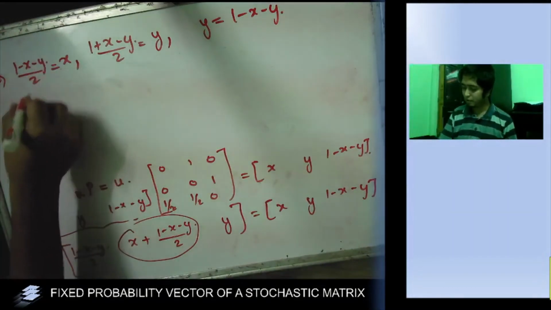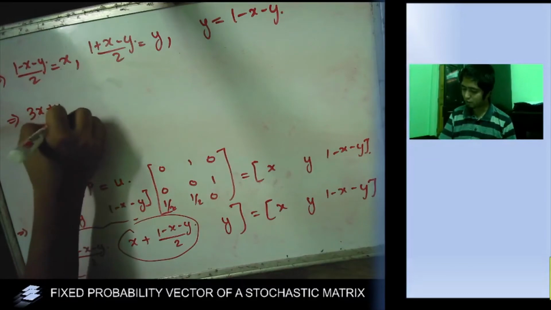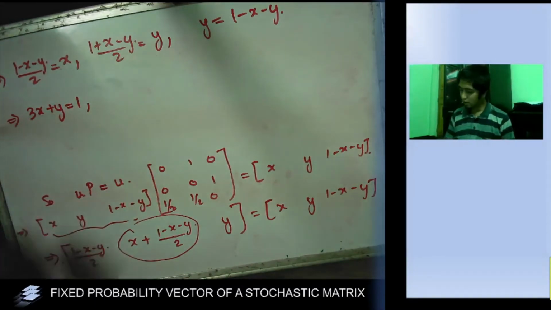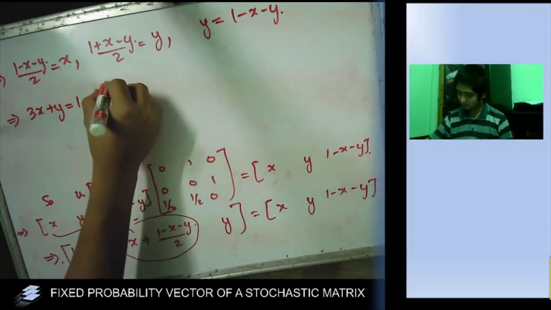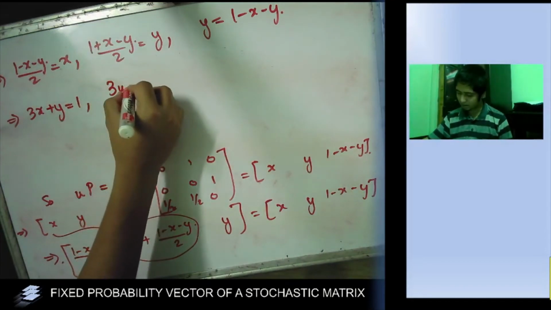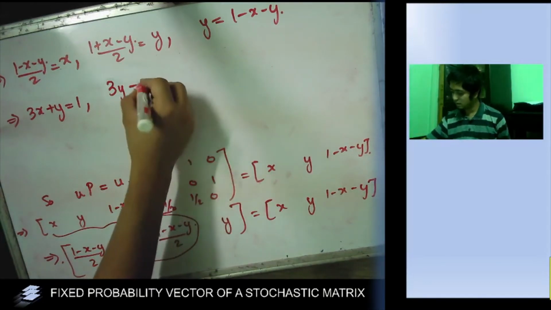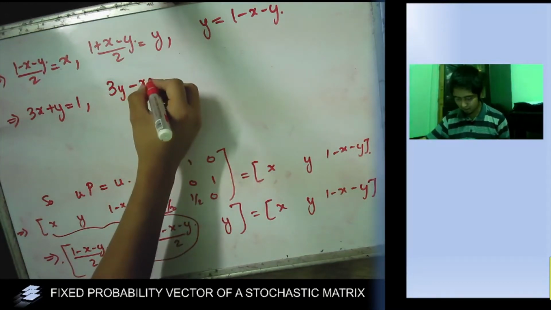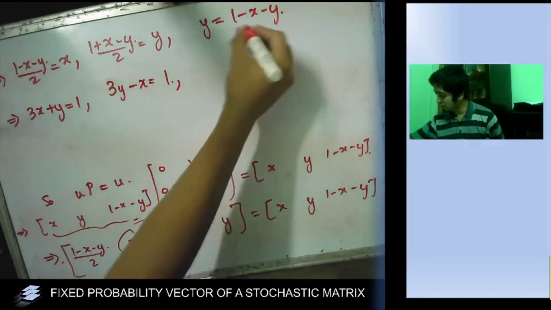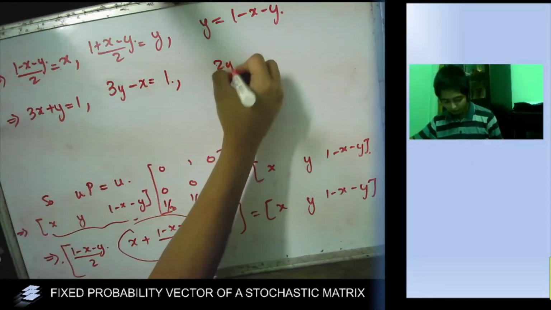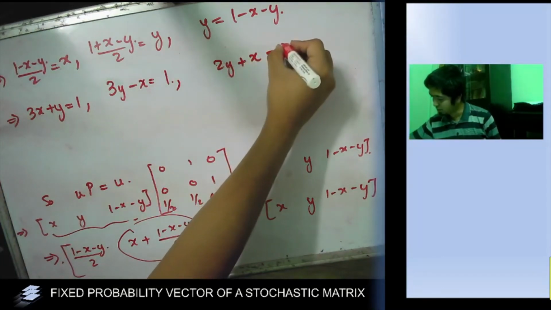Let us simplify: you will be having 3x plus y equal 1. Over here, if you simplify 2y, 3y minus x, it will be equal to 1. And over here we can have 2y plus x equal to 1.